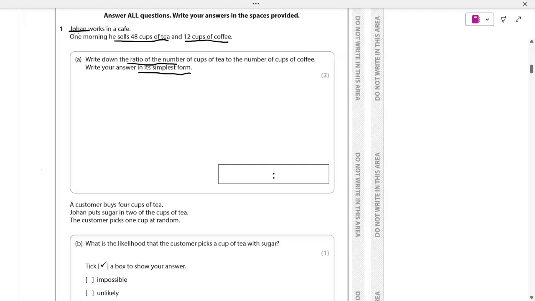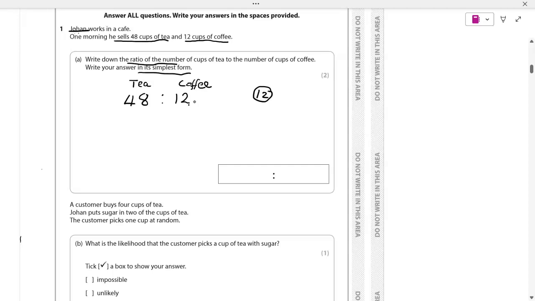So the ratio is 48 to 12. 48 is for tea and 12 is for coffee. To reduce this to the simplest form, we find the highest common factor, and here it is 12.